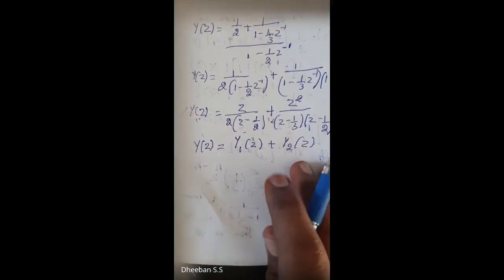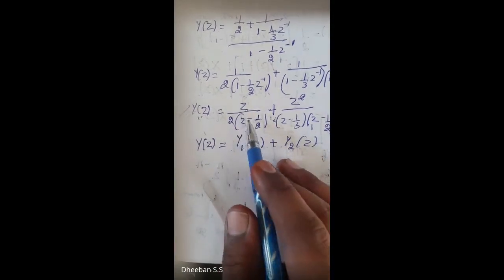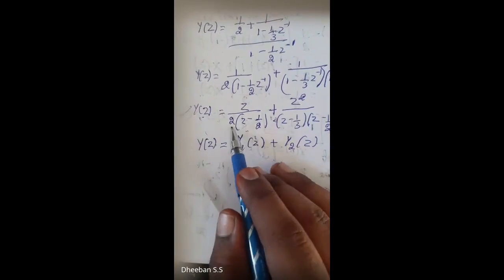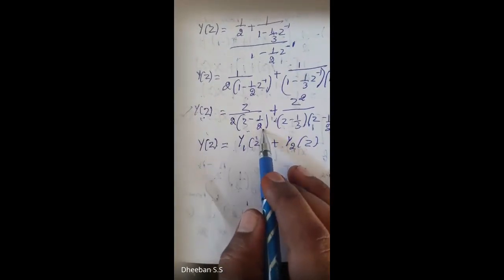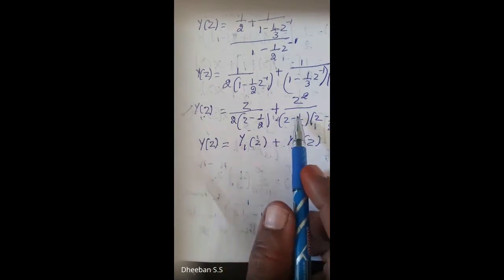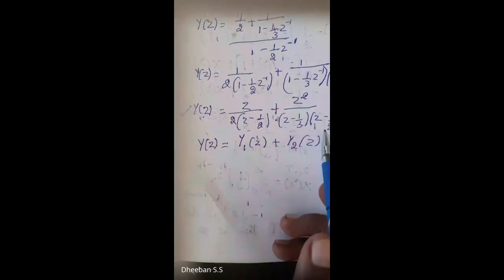So y1 of z, you can keep it as such. For this you can take the inverse, no problem, because it is a constant. So 1 by 2 will be there, and here minus 1 by 2, so it will be z power minus 1 by 2, like that you can take it. But over here, there's a square in the term, and it is of second order degree. Then what you have to do?